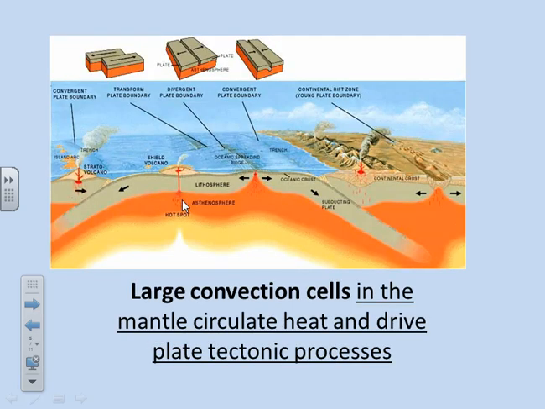Okay, so located inside the mantle are what we call convection cells, and they're very large, and they circulate heat and drive plate tectonic processes.